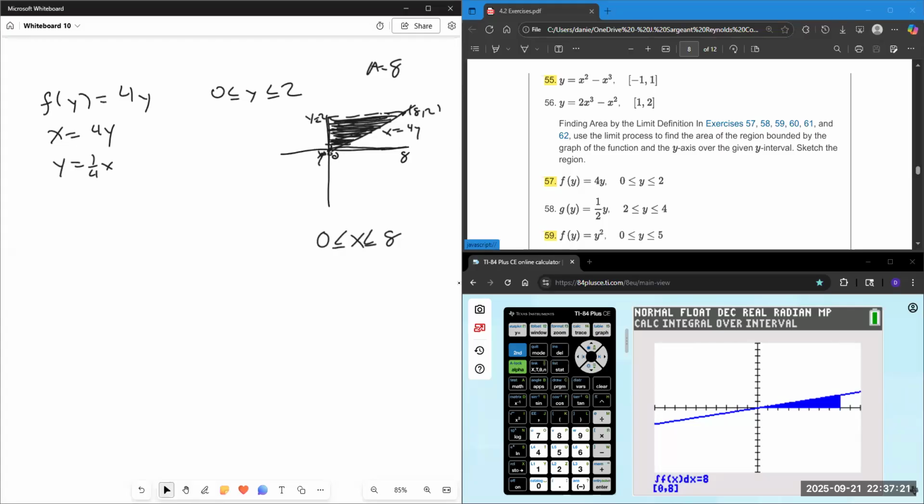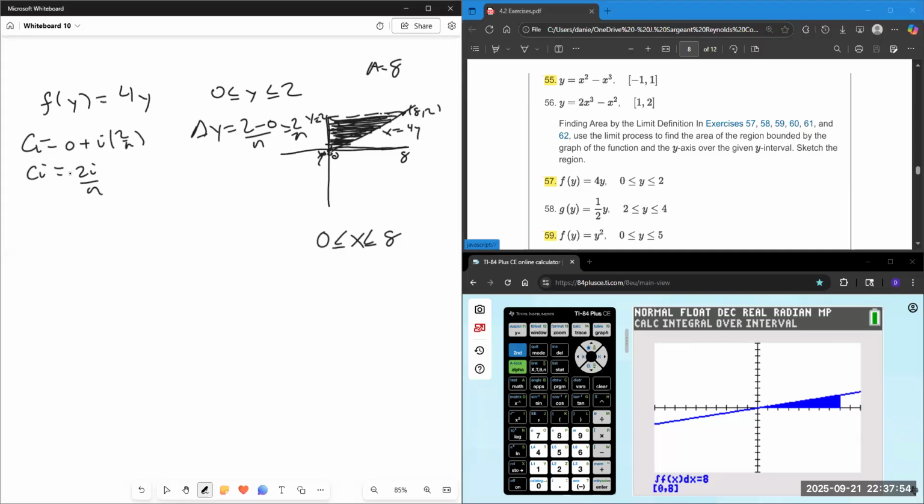Okay, so let's go ahead and figure this out. Now delta y is 2 minus 0 over n, which is 2 over n, and ci is a plus i delta y, so ci is 2i over n.